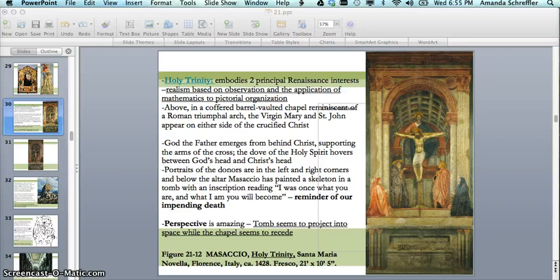This is another important painting by Masaccio, and I talked about how you need to be able to recall artworks that exemplify the tenets of the early Renaissance, and this would be a great one. So think about what could you talk about that illustrates early Renaissance. Well, hopefully you mentioned or you thought about this architecture that we're looking at.